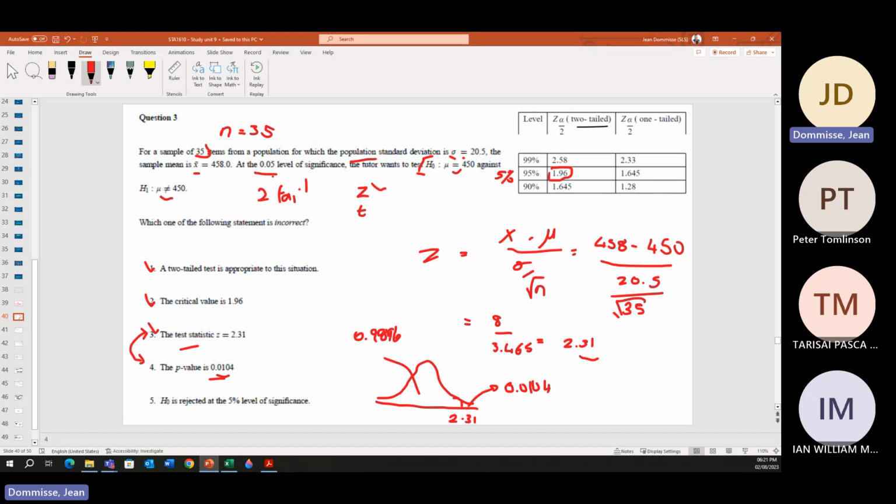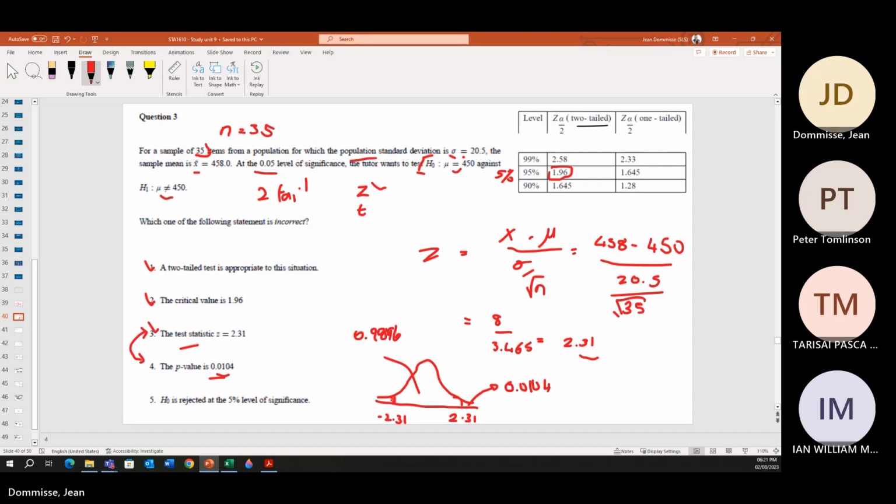So if this was a one tail, that would have been the p-value. Remember, this is two tail. So on this side, there's a 2.31 with the same area of 0.0104.